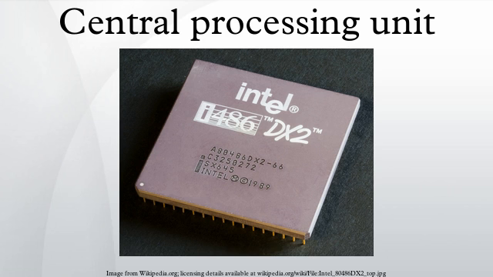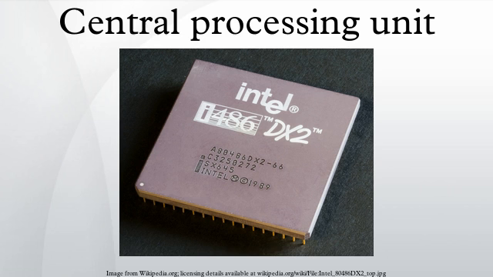However, it also carries the disadvantage that the entire CPU must wait on its slowest elements, even though some portions of it are much faster. This limitation has largely been compensated for by various methods of increasing CPU parallelism. However, architectural improvements alone do not solve all of the drawbacks of globally synchronous CPUs.